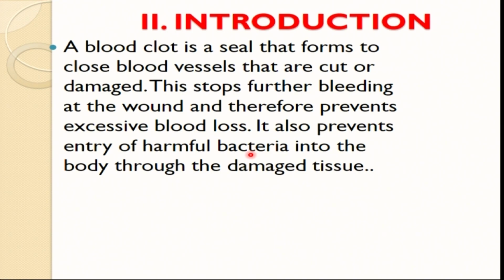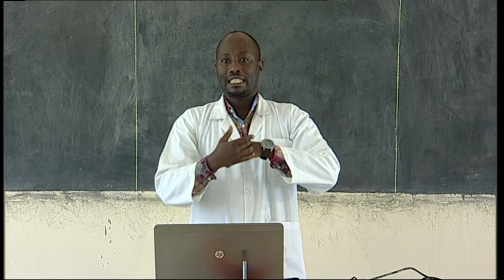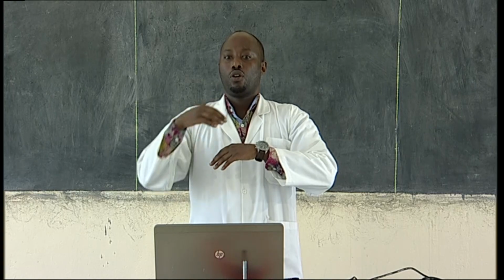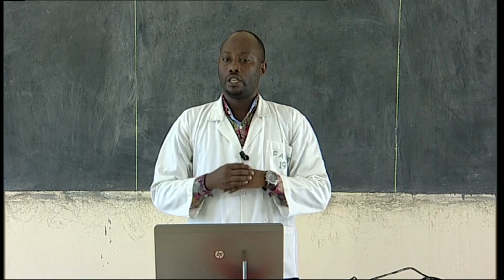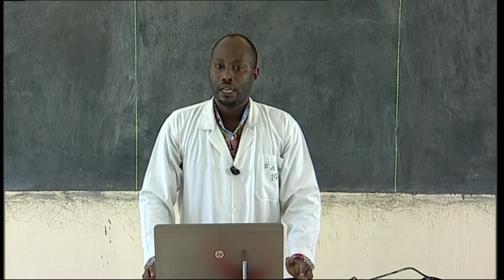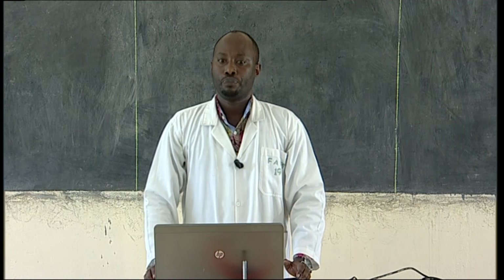That seal that is formed on our skin when a person gets injured is referred to as blood clotting. It stops further bleeding at the wound and therefore prevents excessive loss of blood.